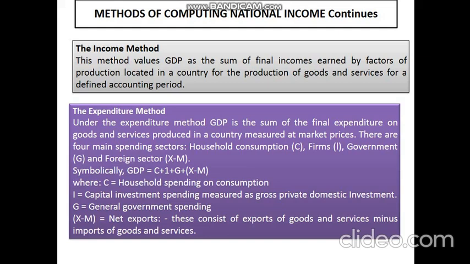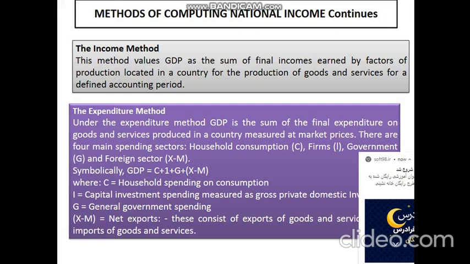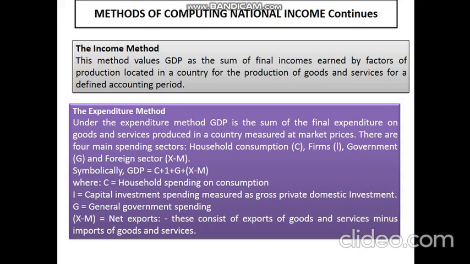Symbolically, GDP equals C plus I plus G plus X minus M, where C equals household spending on consumption, I, capital investment spending measured as gross private domestic investment, G, general government spending, X minus M equals net exports.